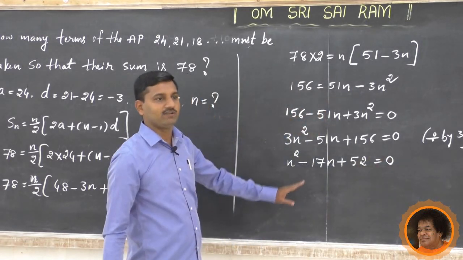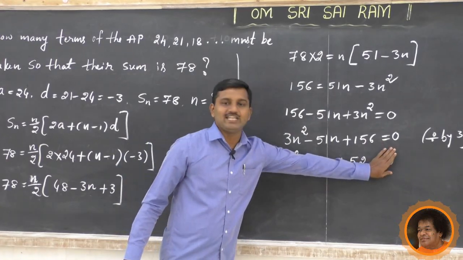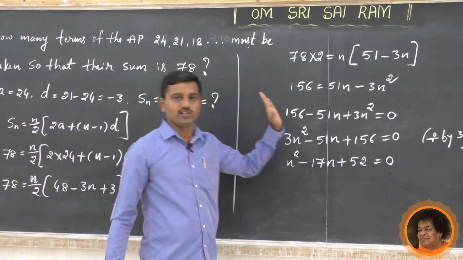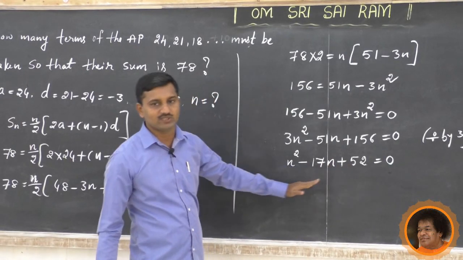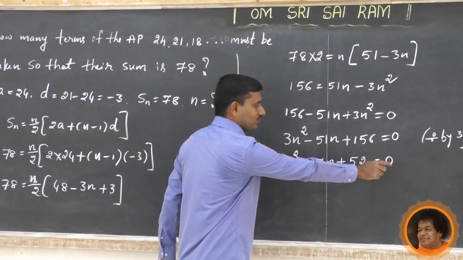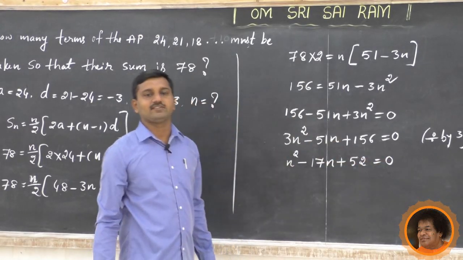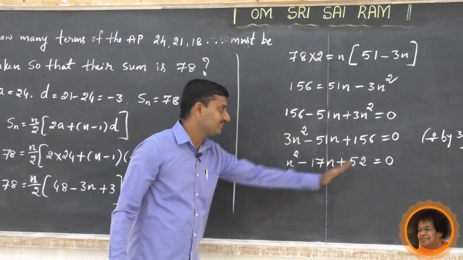So this is also in the form of ax square plus bx plus c equal to 0, a trinomial, or the quadratic equation. You already studied factoring of trinomials in 9th standard as well as 8th standard. So n square minus 17n plus 52 equal to 0. That method is known as the factorization method, or middle term factorization. Now factorize this equation.